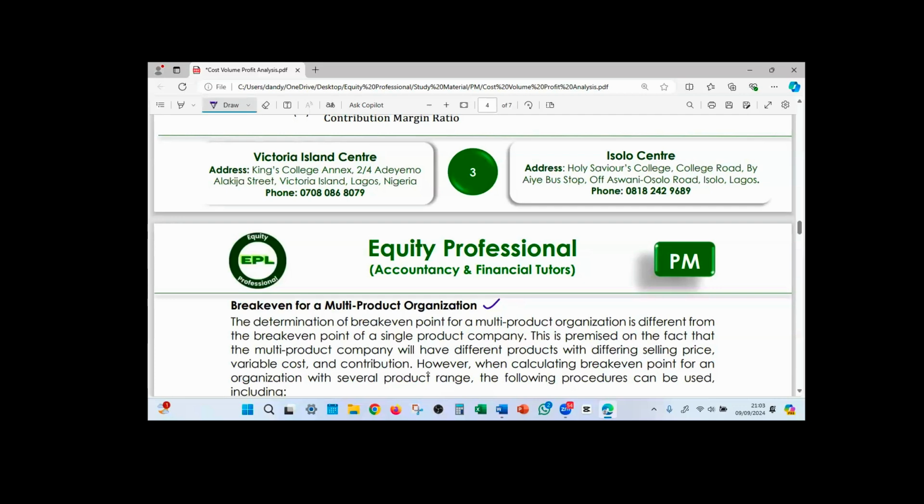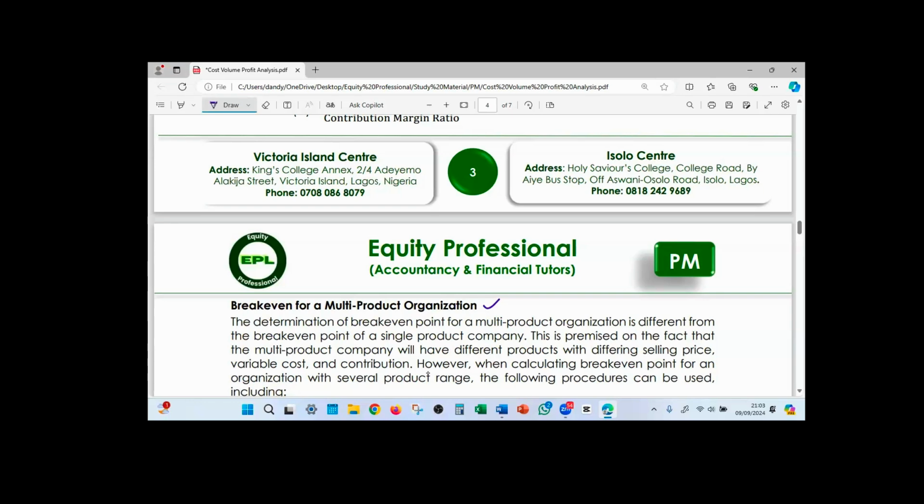Because for a multi-product organization, each product will have a different selling price, different variable costs, and different profits to be achieved. Therefore, it is not appropriate to assume that each of the products will have the same selling price, the same variable cost, and all of that, because these things are different.